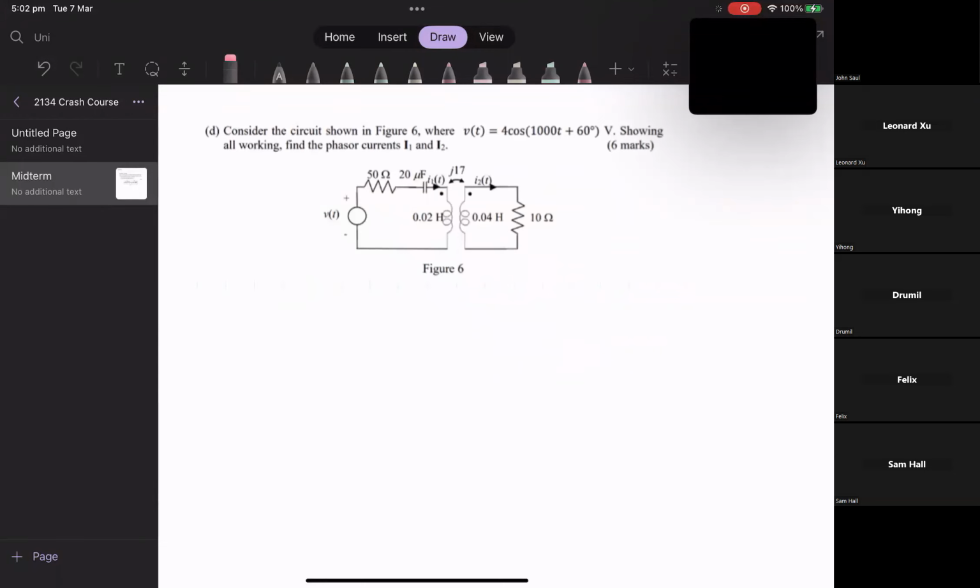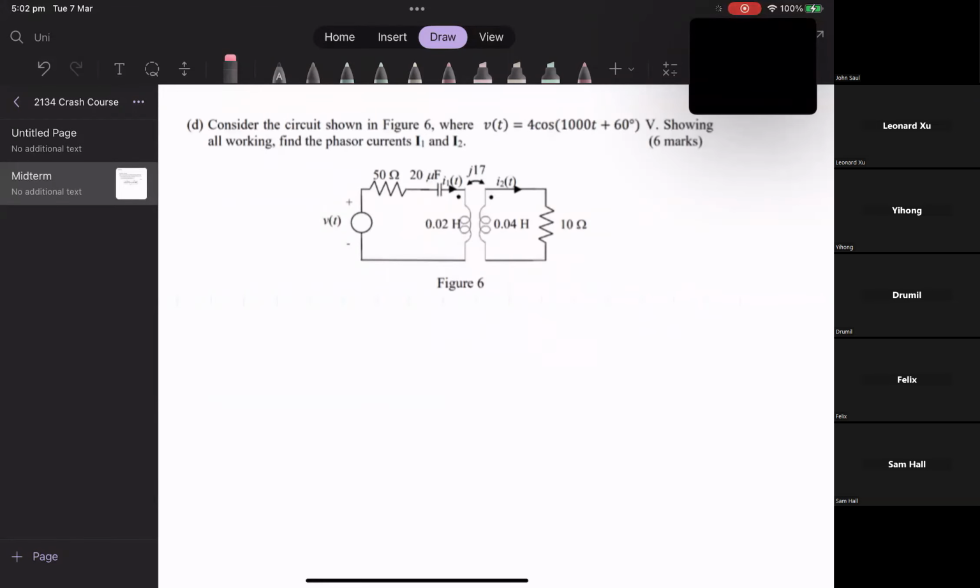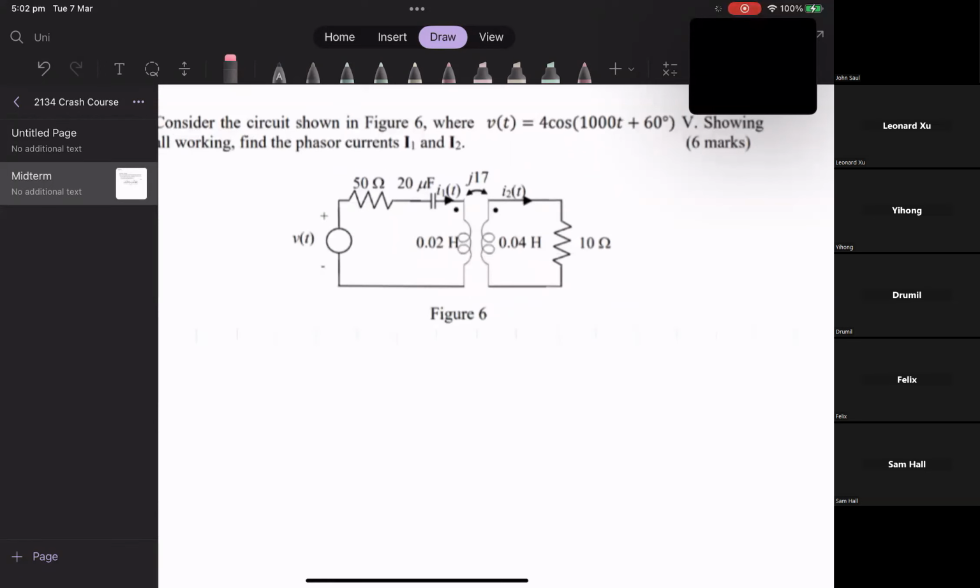I'll start by briefly talking about the dot convention and how I like to use it in analysis. In the dot convention, if the current is going into the dot on one side, then on the other side the positive voltage will be at the dot.